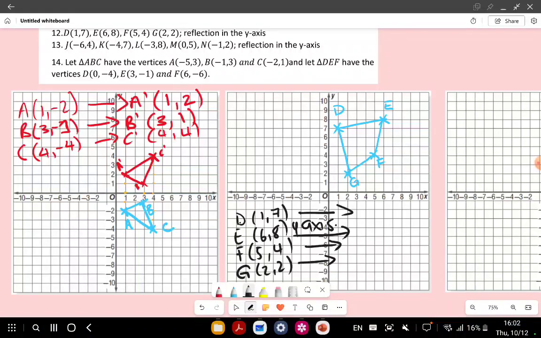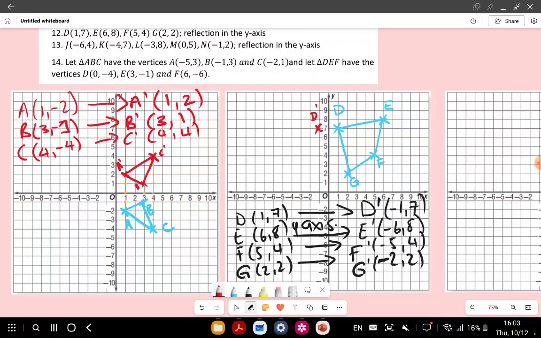So if I reflect about the y-axis, I change the sign of x. So D1 becomes negative 1, 7. E1 becomes negative 6, 8. F1 becomes negative 5, 4. And G1 becomes negative 2, 2. So that means that D1 is negative 1, positive 7.